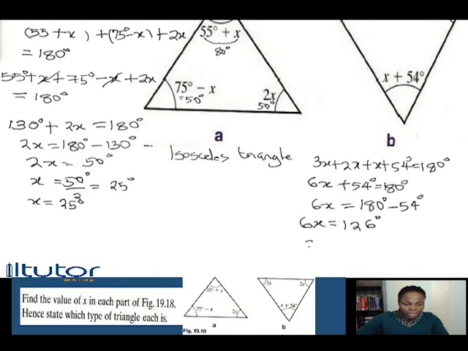Dividing both sides by 6 will leave our x standing here, so x is 126 degrees divided by 6, and this implies that our x is 21 degrees.